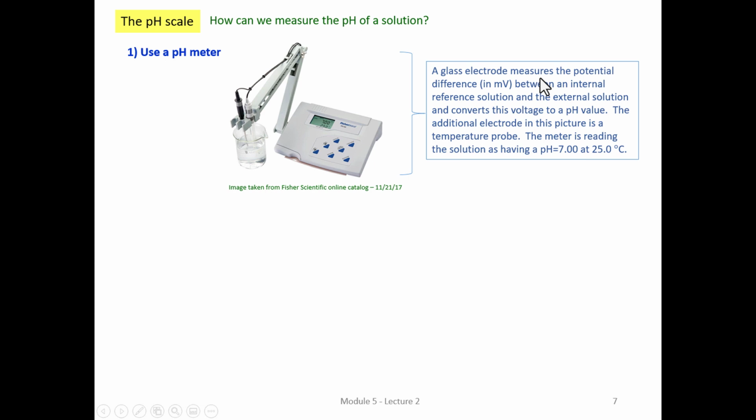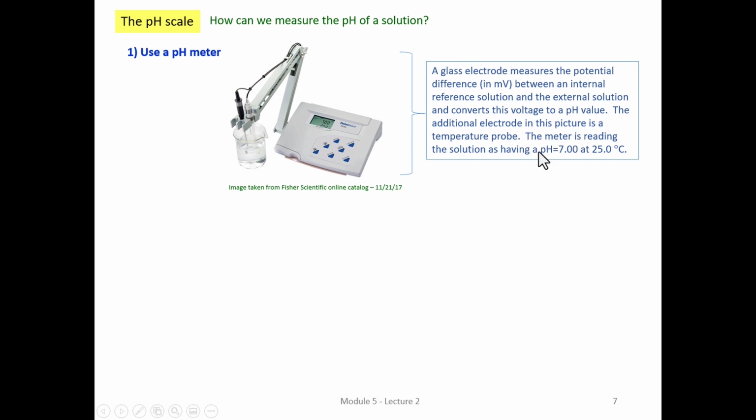And so the glass electrode measures a potential difference in millivolts between an internal reference solution inside the glass electrode and an external solution, which you're measuring, and converts this voltage to a pH value. There's two electrodes here, and the additional electrode in this picture is just a temperature probe, and the meter is reading the solution is having a pH of 7 at 25 degrees C.